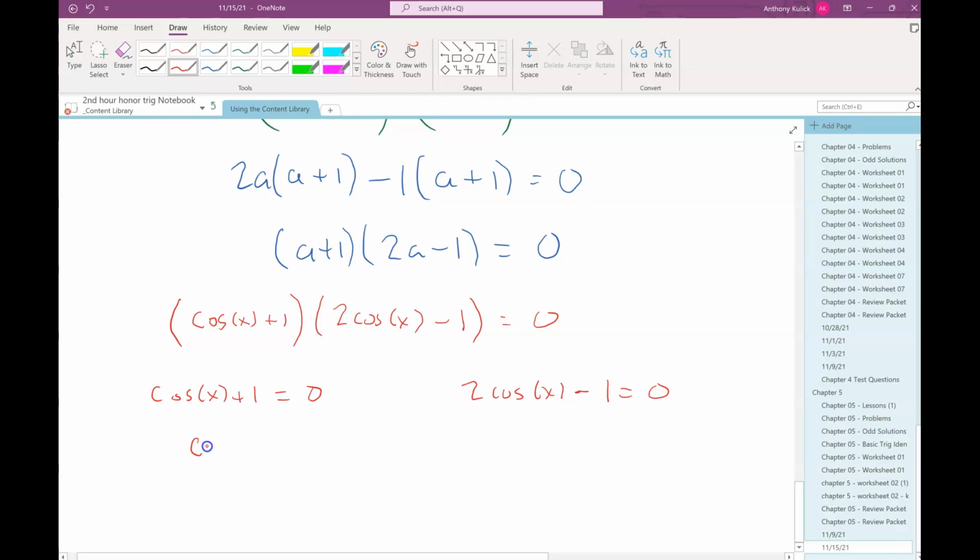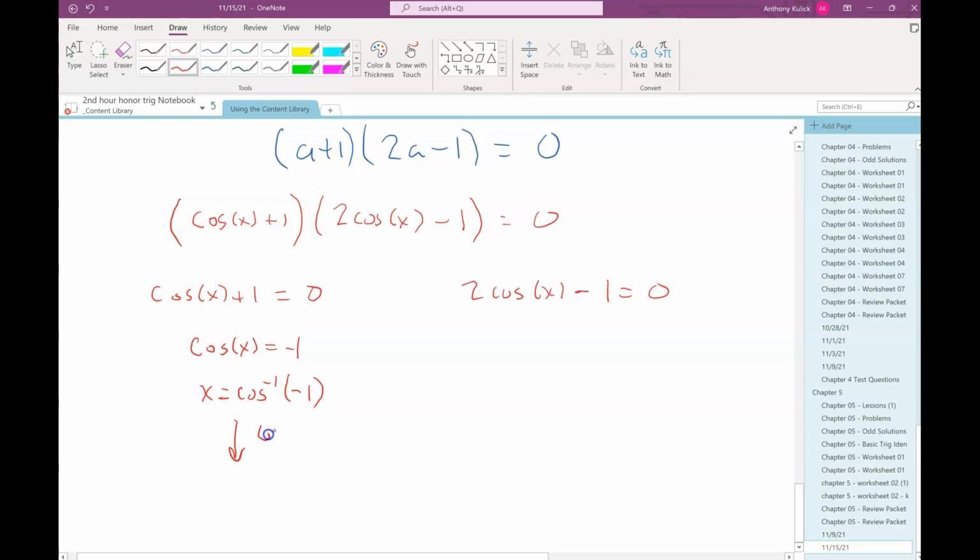So for the first one, we're going to subtract 1 from both sides and then do the cosine inverse. So I go to the unit circle and I look at where x is equal to -1. That happens at pi. Everybody okay with that? In my second equation, I'm going to add 1 to both sides, divide both sides by 2, do the cosine inverse.